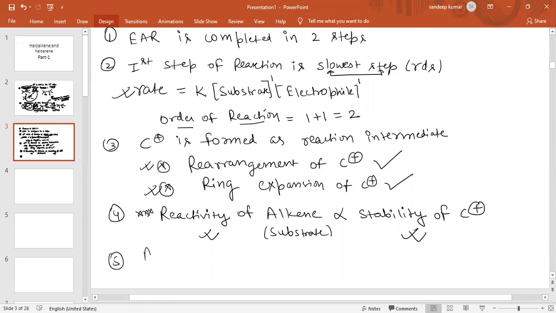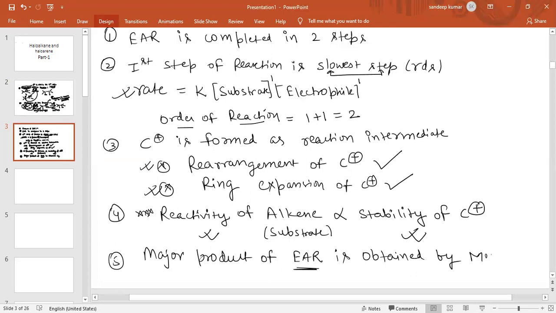The major product of electrophilic addition reaction is obtained by Markovnikov's rule. So these are the features of electrophilic addition reaction.